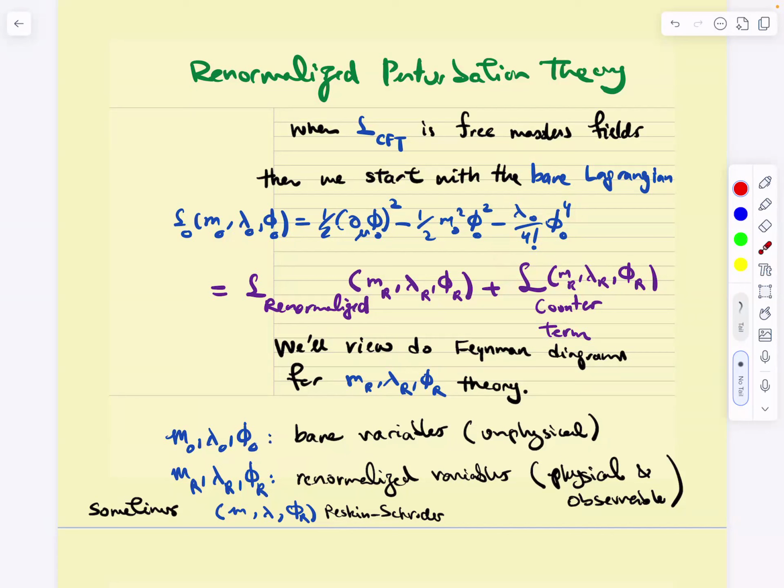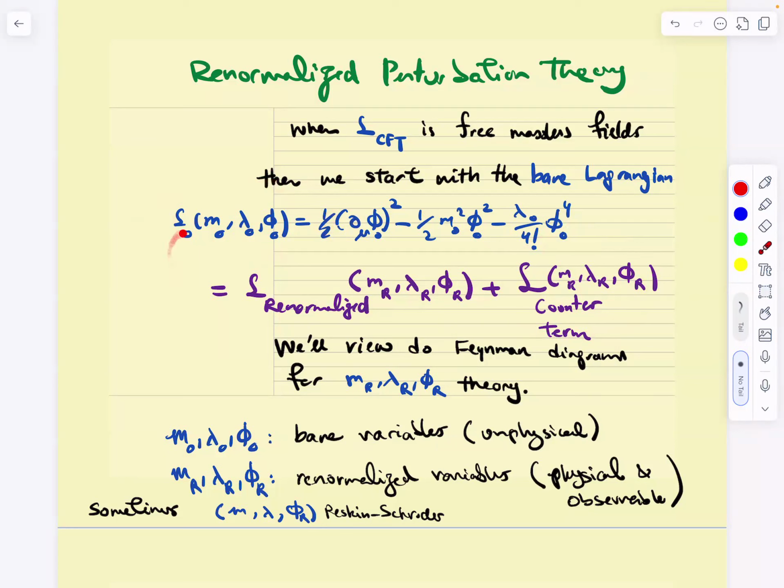All right. Phi naught is what we're going to put in the Lagrangian. So we're going to define a Lagrangian for m naught, lambda naught, and phi naught. These are bare variables. They are unphysical. Let's just start with this action, keeping track of them. Now, define new variables: m_R, the renormalized mass, lambda_R, the renormalized coupling, and the renormalized field phi_R, and some renormalized Lagrangian, plus something we're going to call counterterms.